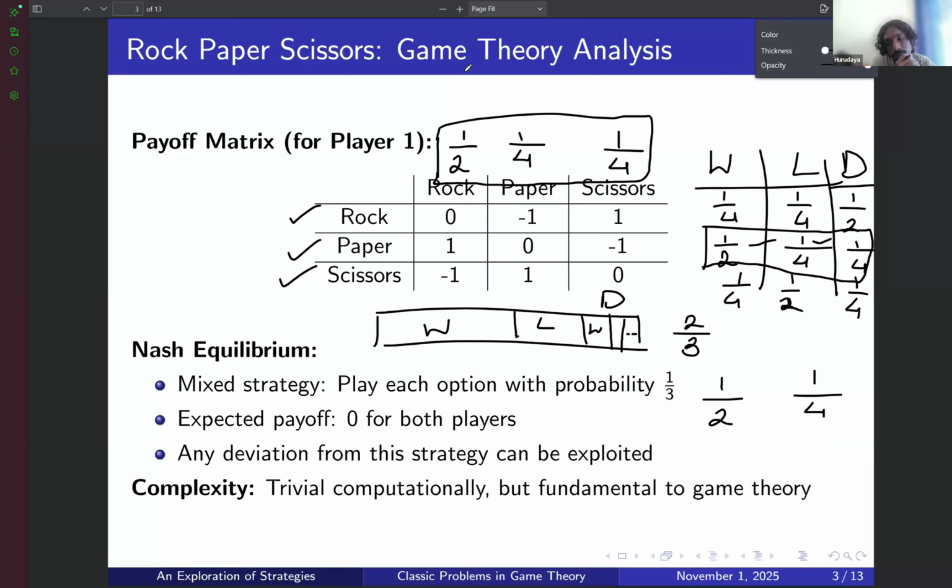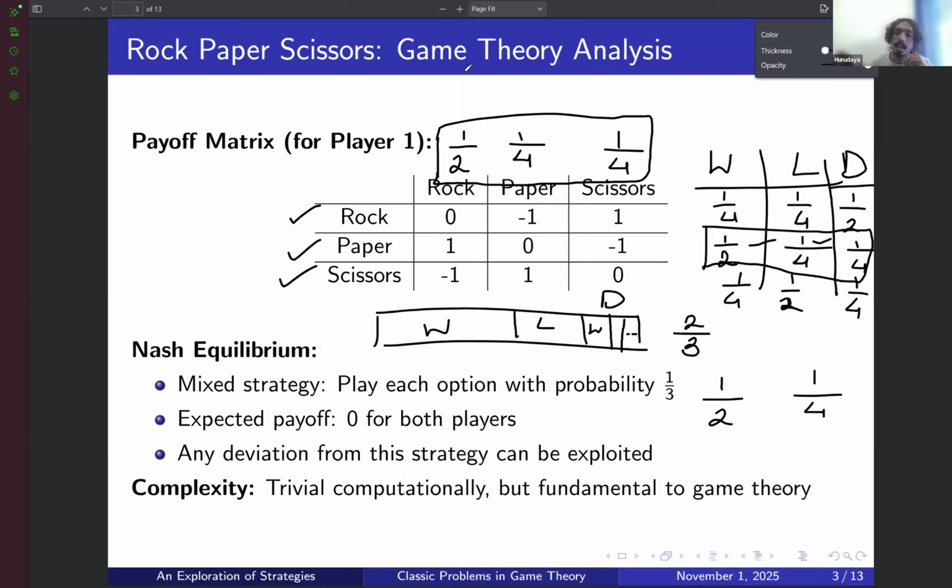So my win probability is double my loss probability. So out of the 3 cases, I'll be winning. I get it. That's the intuitive way to look at it.